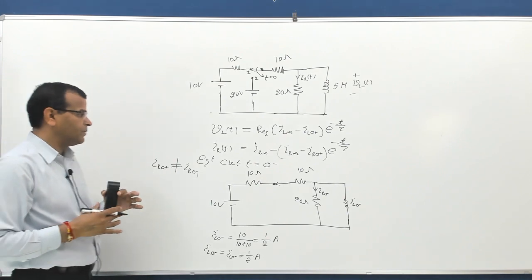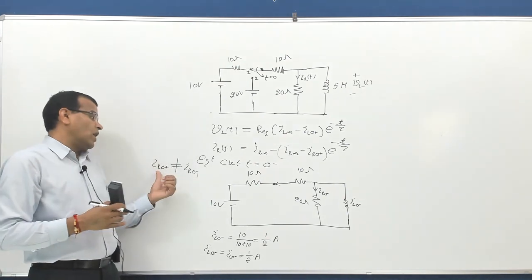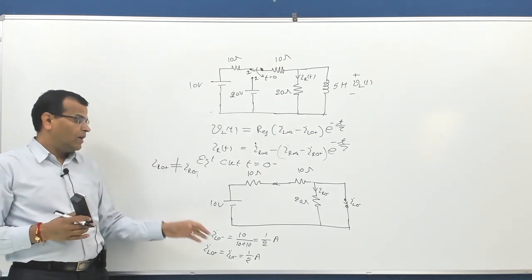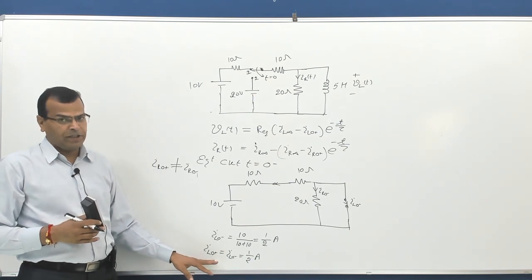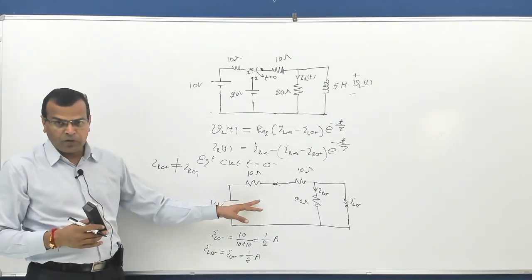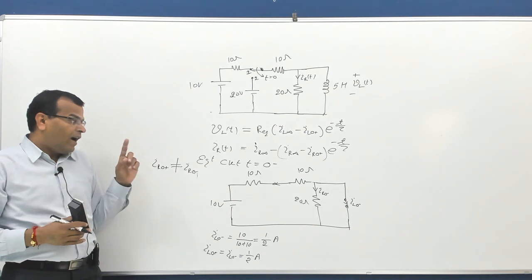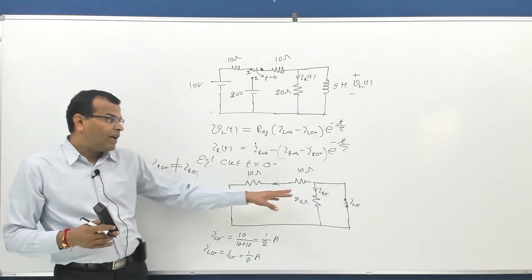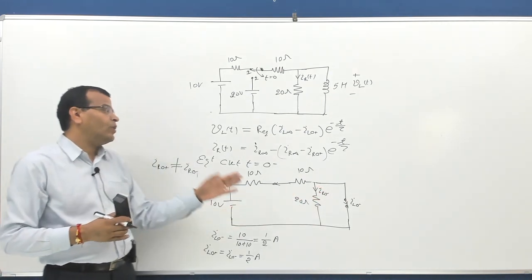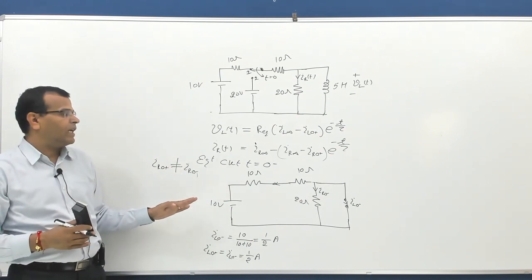So remember this point. So in that case, how to calculate IR 0 plus? I could find IL 0 plus simply by drawing the circuit at t equal to 0 minus. I cannot obtain IR 0 plus directly. So there is one more step in this case.